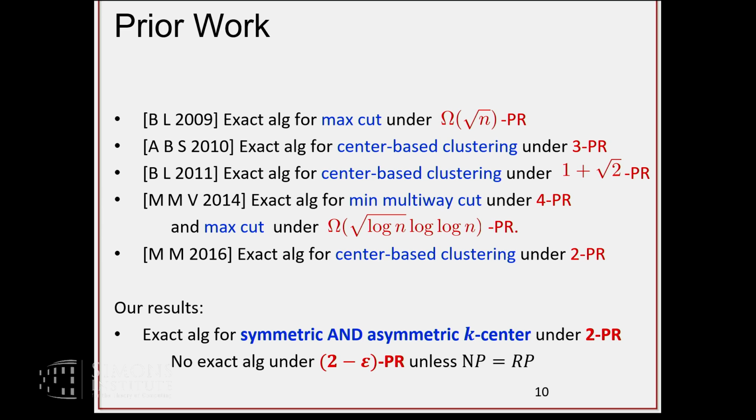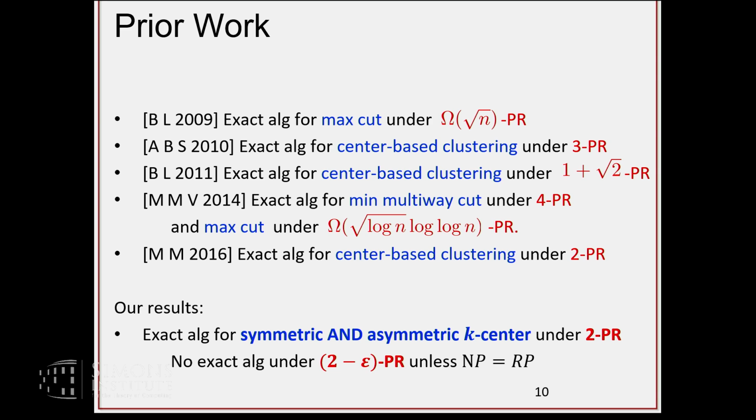And then we also show a lower bound for k-center. We show that if you assume anything less than two perturbation resilience, then it's impossible to get an exact algorithm unless NP equals RP. So this shows the exact level of perturbation resilience needed, where the problem switches between having a polynomial algorithm or being NP-hard. So that's kind of cool.